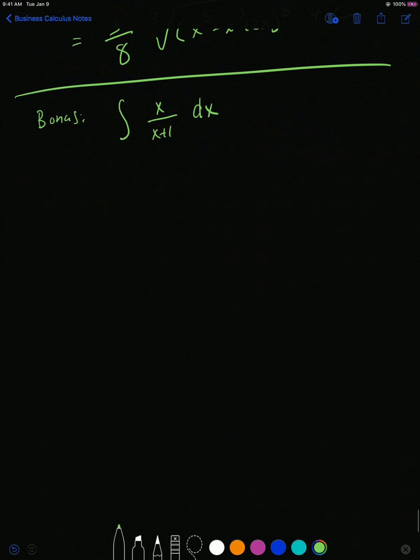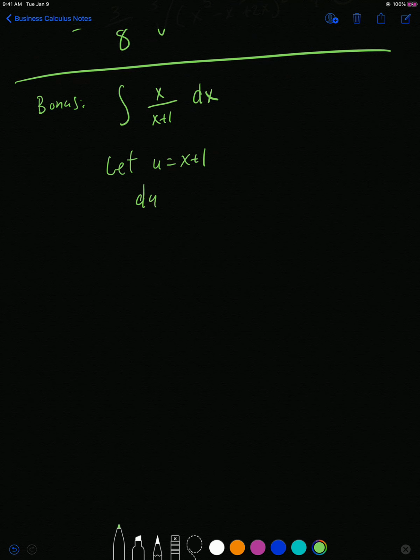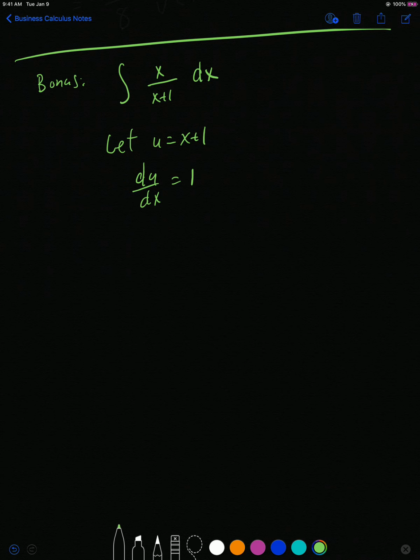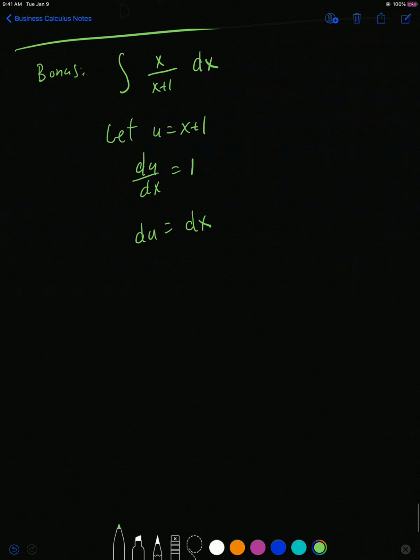There we go. Then let u equal x plus 1. Therefore, du/dx is equal to 1, so du is equal to dx. When I substitute, I get the antiderivative of x over u multiplied by du, correct?